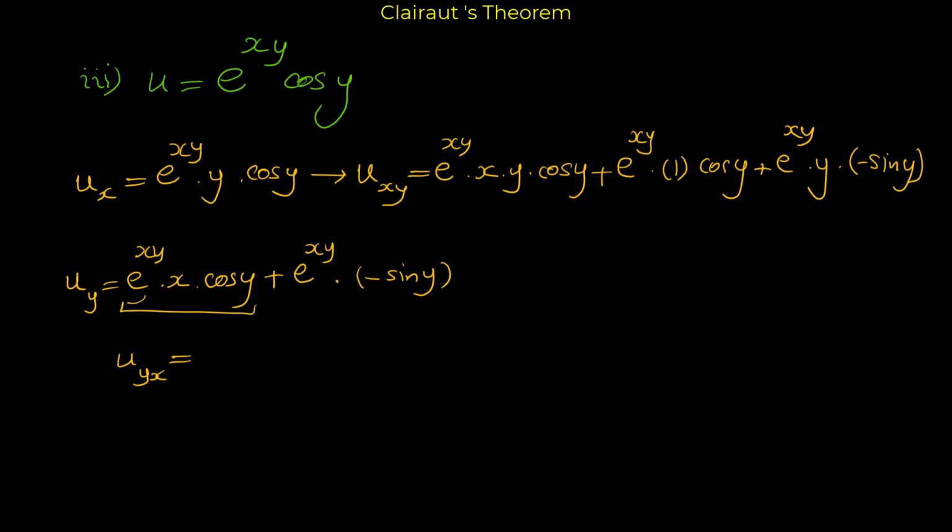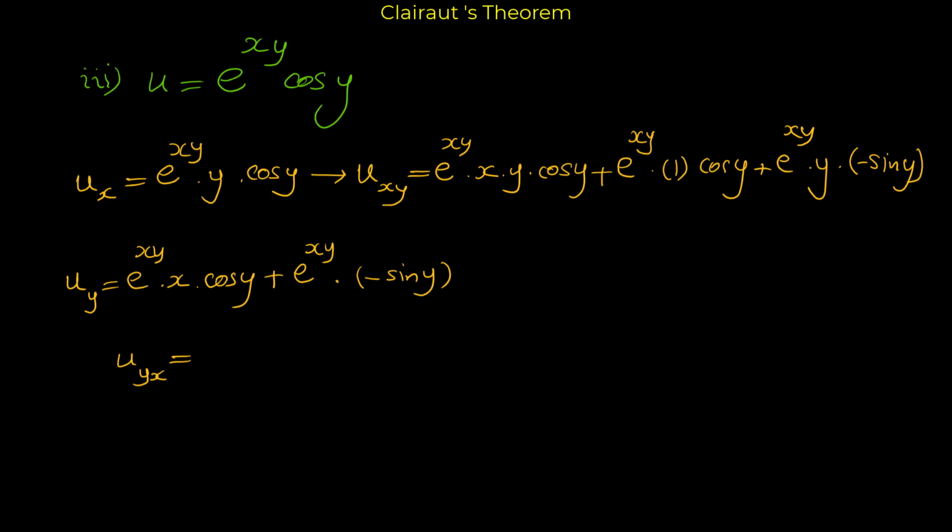For this part, attention: this term and this term have x, but this one is a constant. So again we use the product rule, but only these two terms have x, and this is always a constant, and we keep it in all the answers.